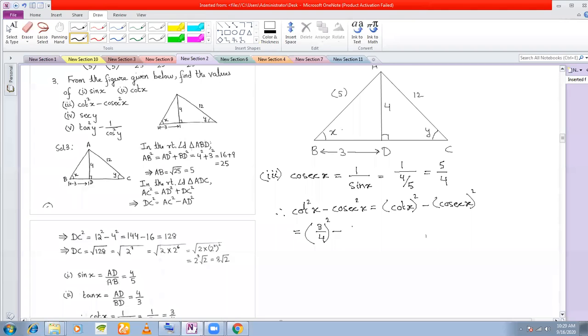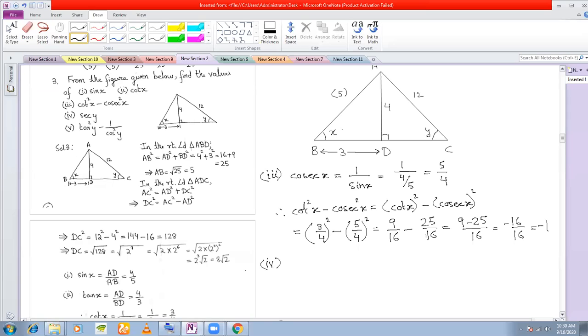And cosec x we have calculated above as 5 by 4. So this is 9 by 16 minus 25 by 16, which is 9 minus 25 by 16. 9 minus 25 is minus 16 by 16, which will give you minus 1. So cot square minus cosec square is minus 1.